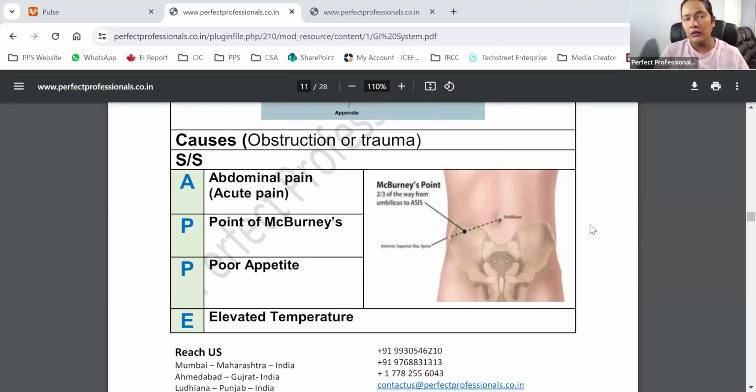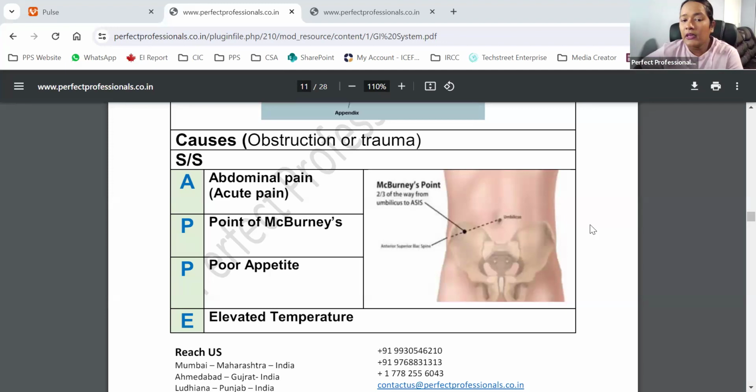go to the right side of your spine, pelvis. When you go from your umbilicus toward the pelvis, you will be feeling the pelvis. You will feel the pelvis with your hand. That is the iliac spine. Okay.